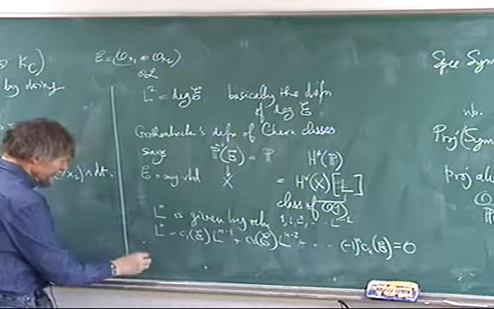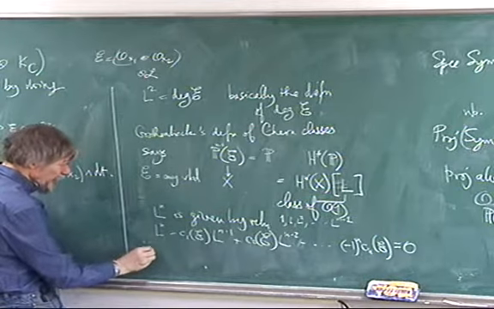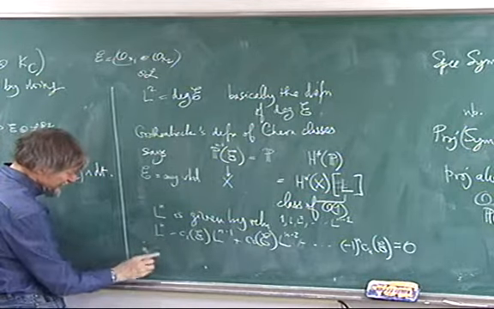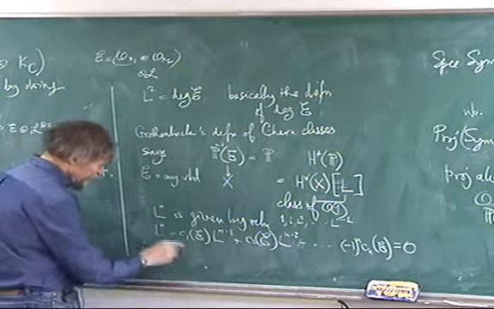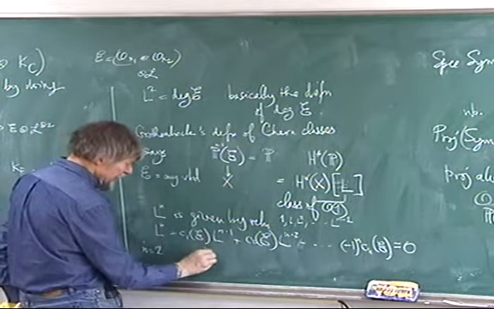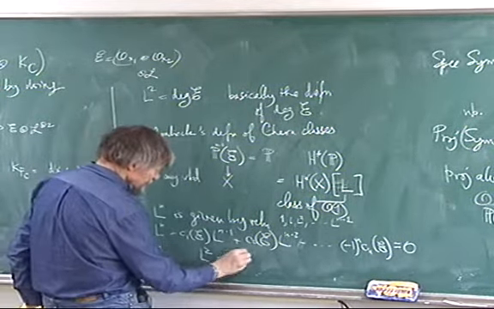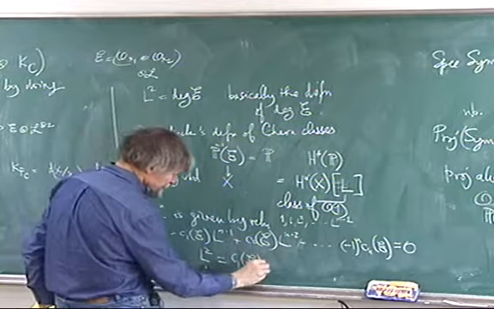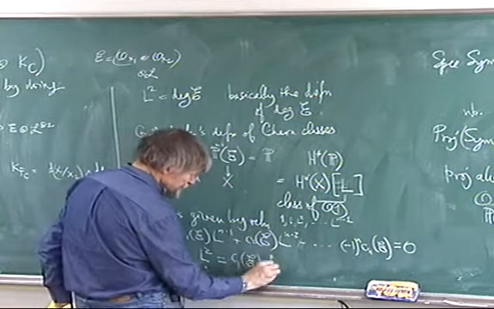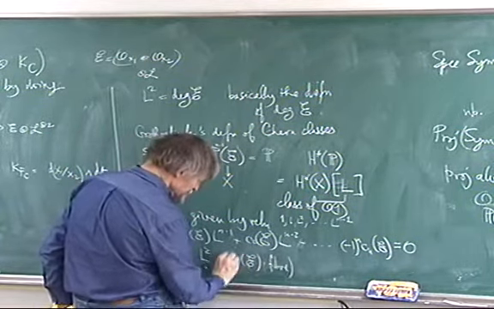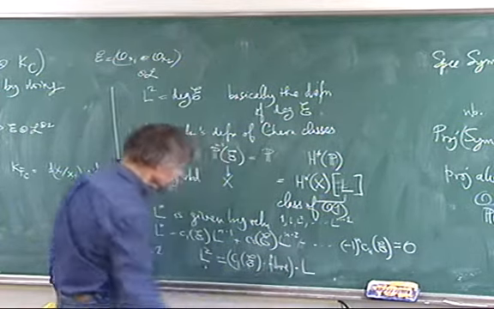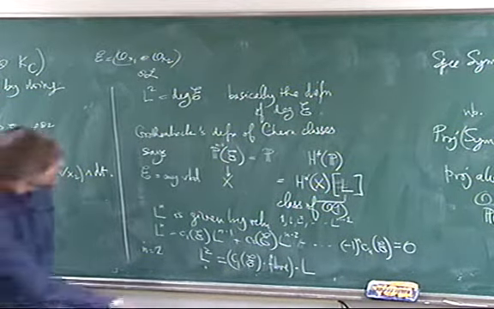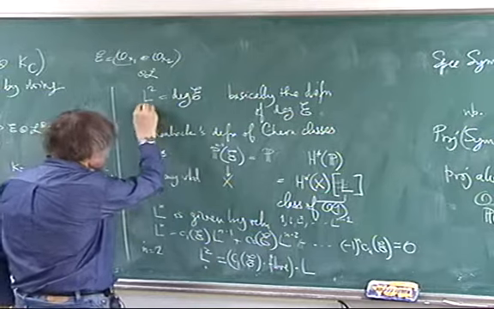So in particular, if n is 2, then what I'm getting here is L squared is c1 of E times the fiber times L. Right, and that's this statement.